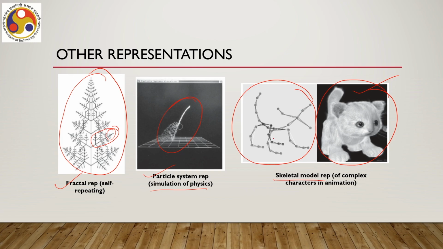So, this skeletal model tries to capture the overall appearance of the character, plus the motion behavior of the character can be captured using the skeletal model. Typically, such models are used to represent complex characters in computer animation.